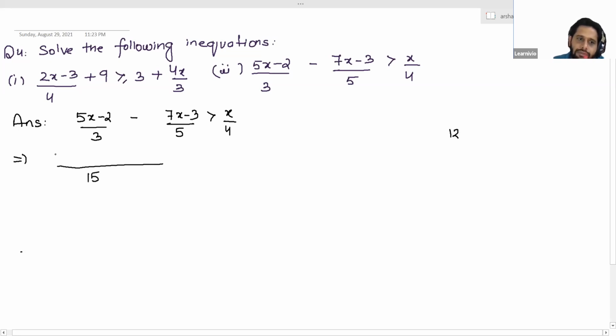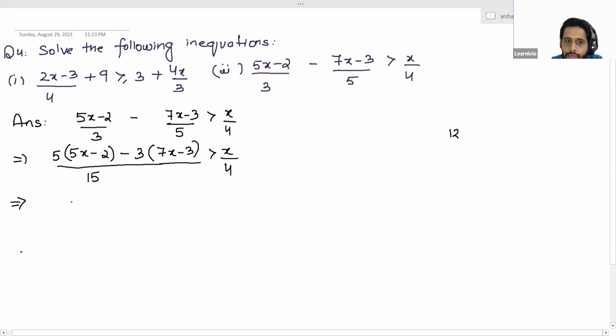Now divide this 15 by 3, you get 5. Multiply 5 with this. So 5 into 5x minus 2, minus, 15 divided by 5 you get 3. Multiply this 3 with 7x minus 3. Okay, is greater than x by 4. Rishan, this step is clear?